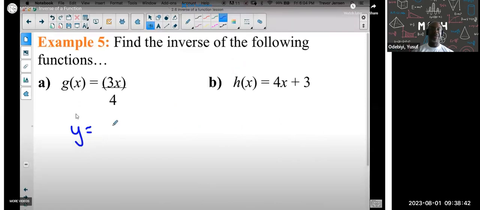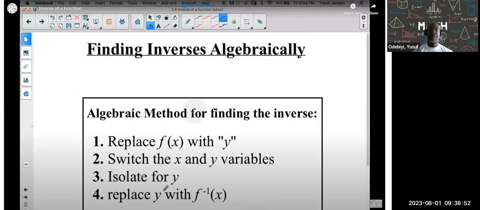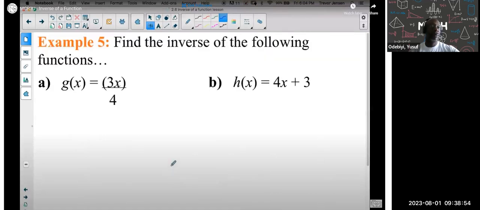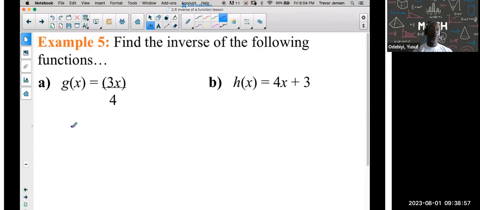Here's an example right here, g of x. So let's just play it out for y. Here's what it looks like. So replace g at x with y. So y equals 3x over 4. For inverse functions, the x and y coordinates switch with each other, so we'll do that in the equation. Instead of writing y, we'll write x.